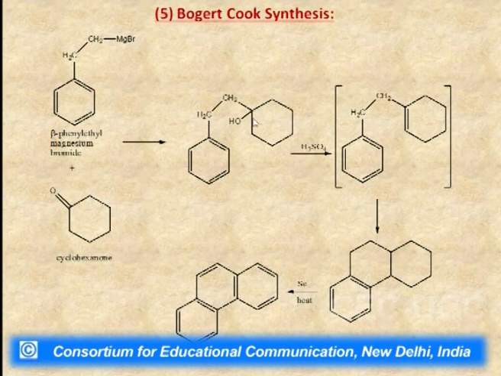This is an unstable molecule which then undergoes immediate cyclization to give us this molecule, which is a reduced phenanthrene ring, and will oxidize on heating to give us the phenanthrene molecule.